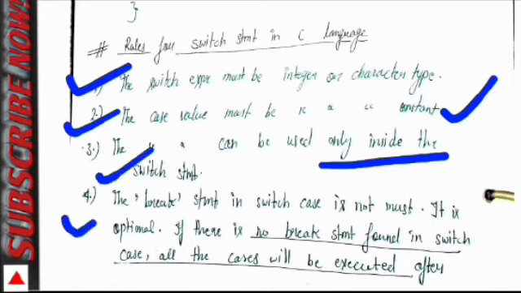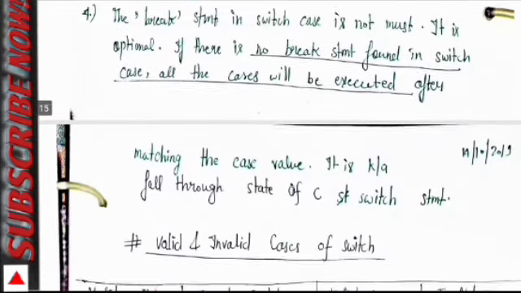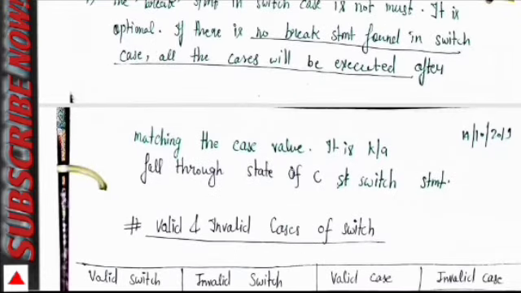And fourth, most important, the break statement in a switch case is not a must, it is optional. If there is no break statement found in the switch case, all the cases will be executed after matching the case value.